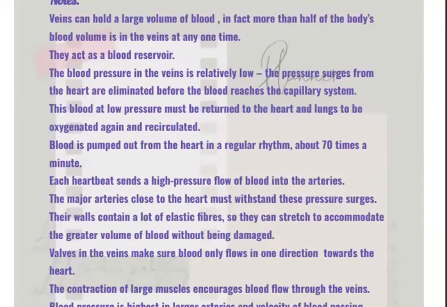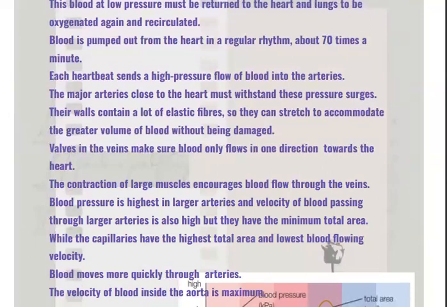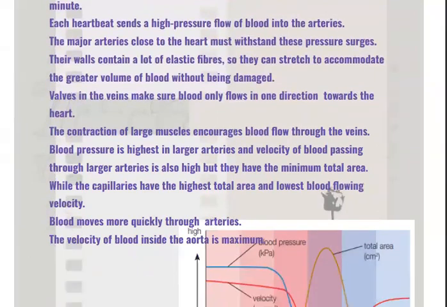Blood is pumped out from the heart in a regular rhythm, about 70 times a minute. Each heartbeat sends a high-pressure flow of blood into the arteries. The major arteries close to the heart must withstand these pressure surges.